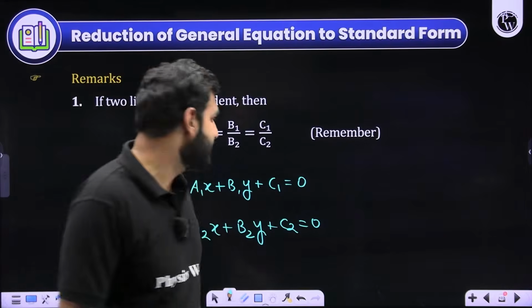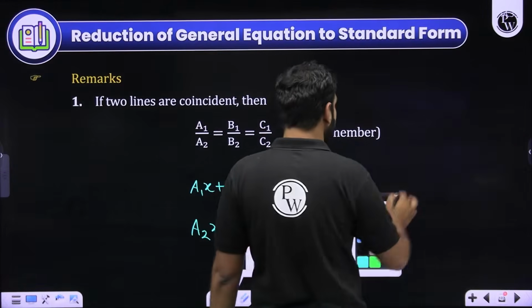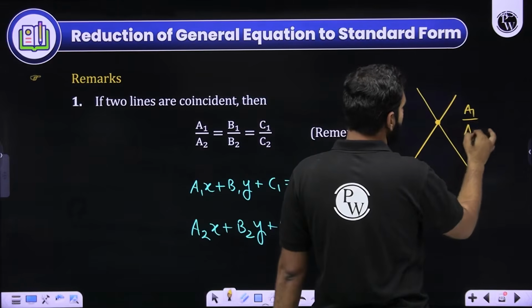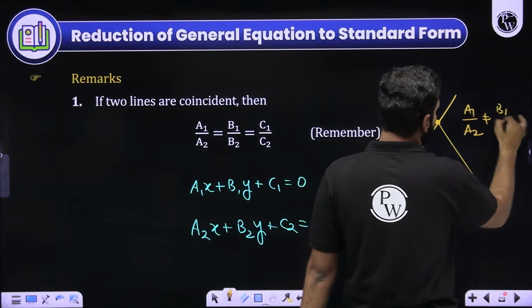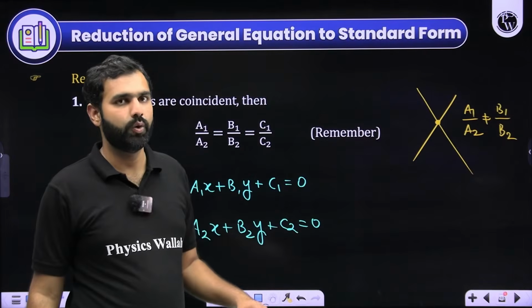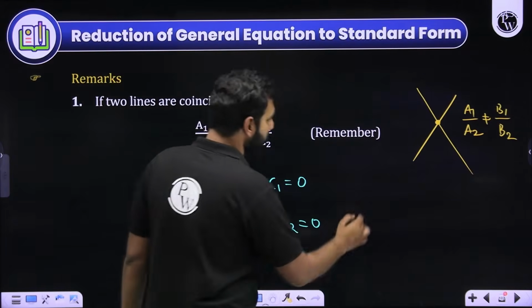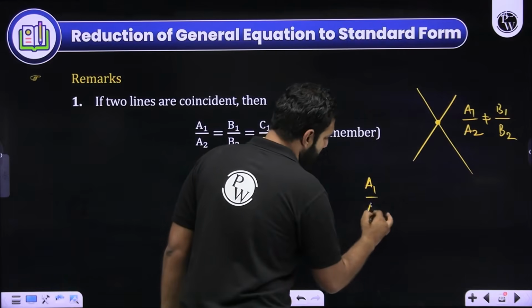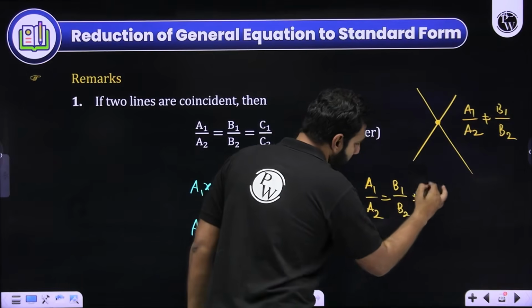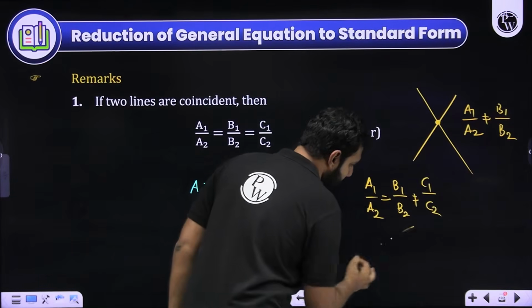Then we had discussed some crucial results. For example, the lines could be intersecting if a1 upon a2 is not equal to b1 upon b2. But if a1 upon a2 and b1 upon b2 are equal, then there are two possibilities. The first possibility is if it is not equal to c1 upon c2, then the lines are definitely parallel.